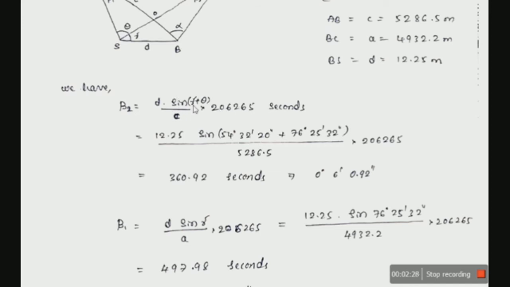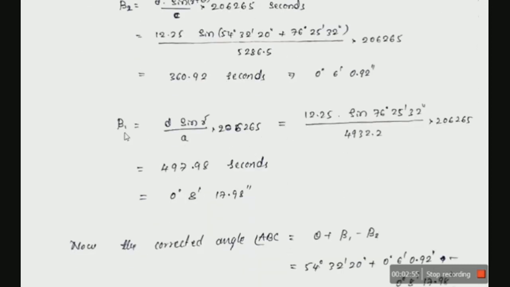This will help the beta 2 to be in terms of seconds. Put in all the values, then simplify this. We are getting this much of value in seconds. Now converting this value into minutes by dividing by 60. We are getting this much of value, that is 0 degree 6 minutes 0.92 seconds.